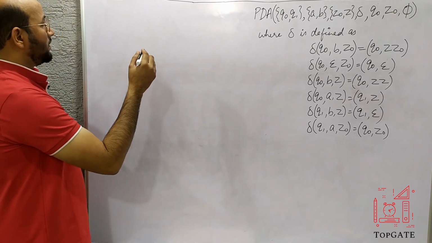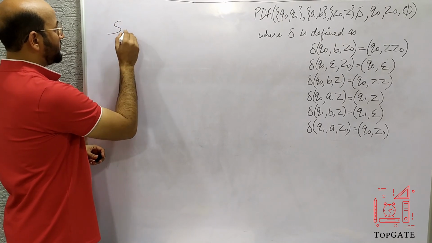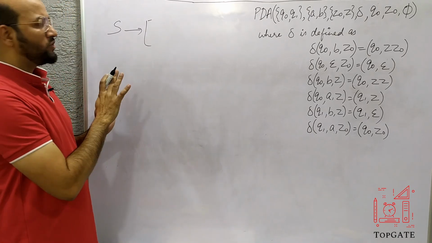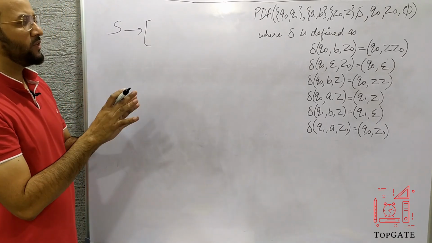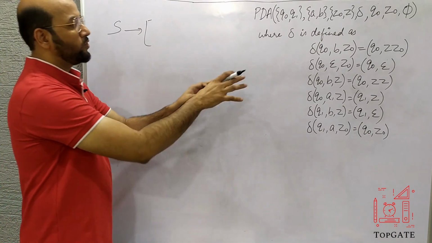So first of all, the rule for the start symbol, so we have S here. For S, there is no certain logic in this one. We just have to remember the formula, and in that formula we just need to put in the values.